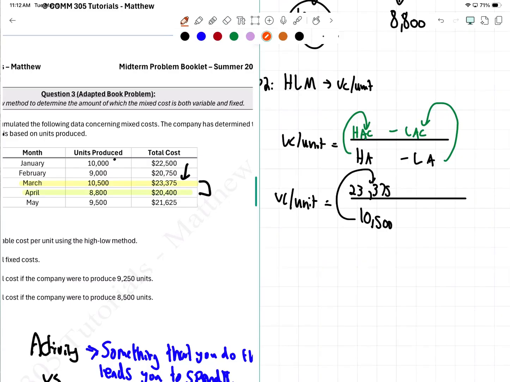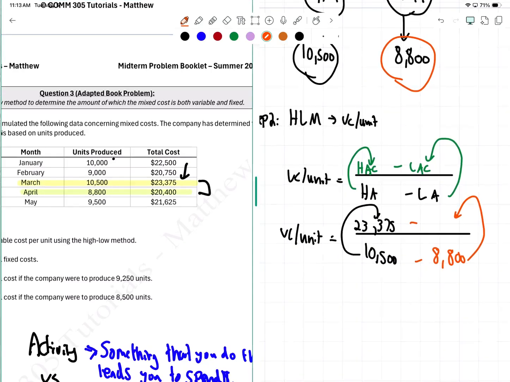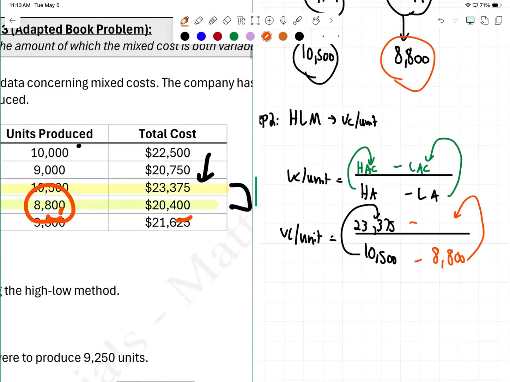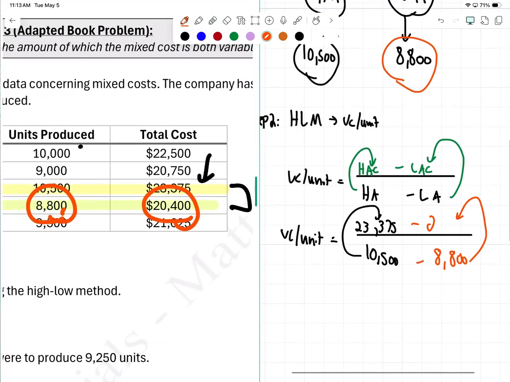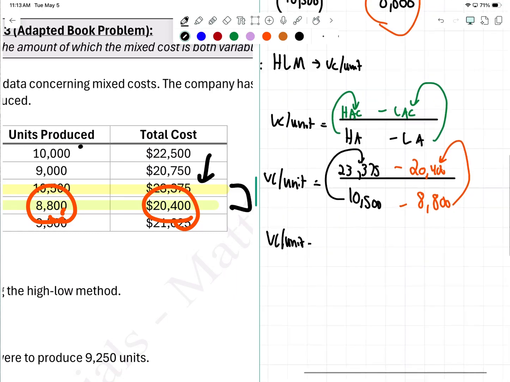Then, let's now go to the lowest activity, which is 8,800. And then we pick the cost that matches. So 8,800 units produced, we have 20,400 in cost. So overall, our VC per unit, and let me go check my solution here and read the right number off the screen. Basically, if you just want to do it, let me go the extra step just to show you every number.